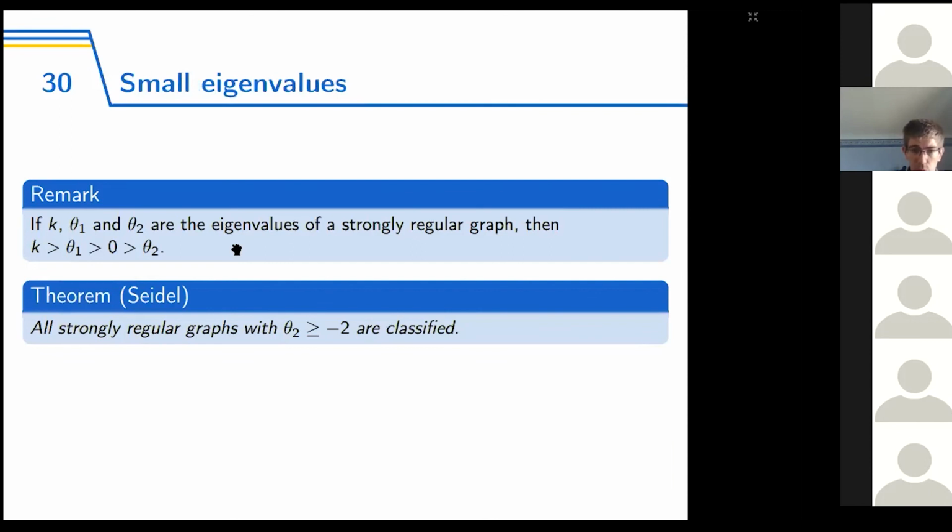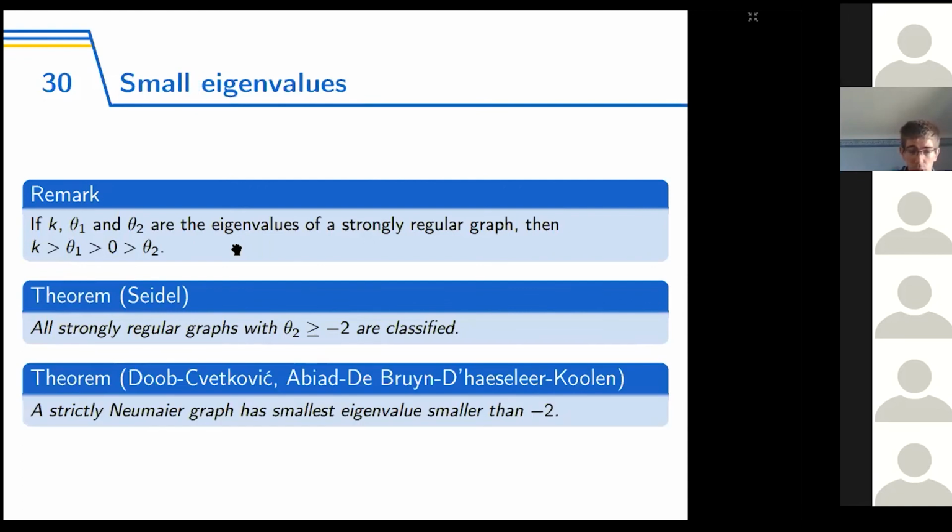Let me also tell you something about the small eigenvalues. So we know if we have a strongly regular graph, it has 3 eigenvalues: k, then one which is larger than 0 and one which is smaller than 0. And Seidel already classified all strongly regular graphs where the smallest eigenvalue is at least -2.